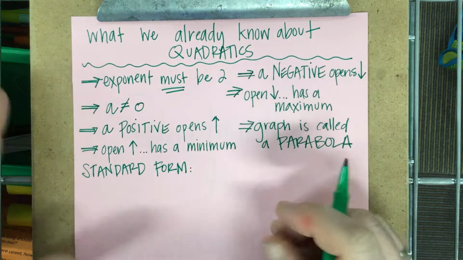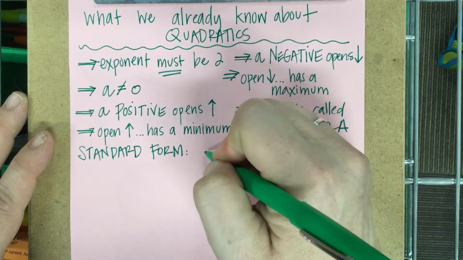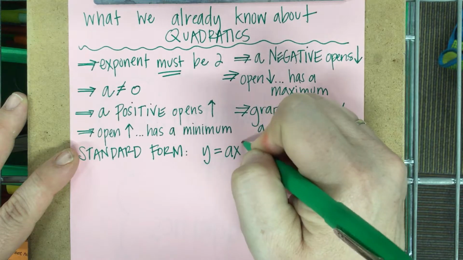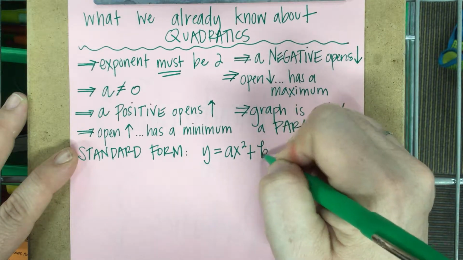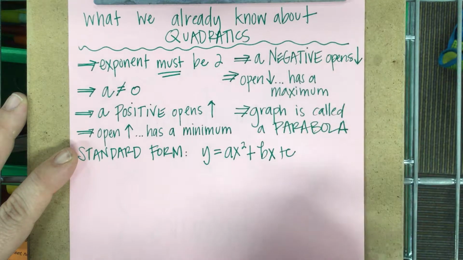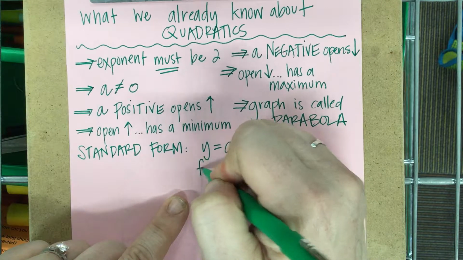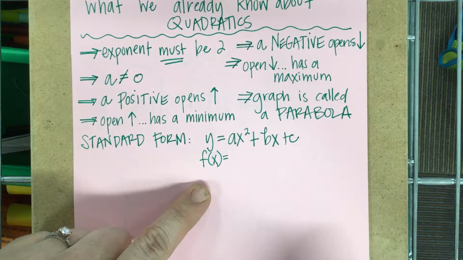What is standard form? Or maybe it doesn't say y equals, maybe it says f of x. Remember, that's called function notation.